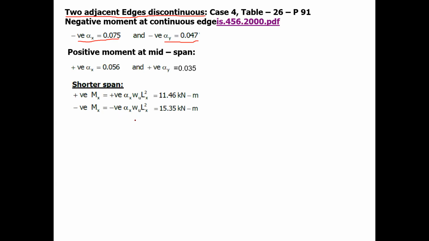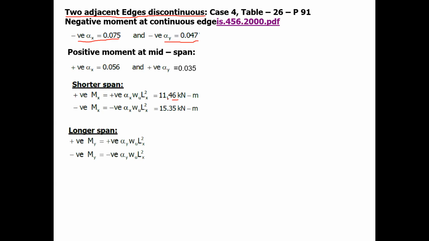All of you got the answer? It is varied because I've considered 4.13. Actual length is 4.12. Okay. Next, take down longer span. My is equal to alpha y into the ultimate load into the length square.